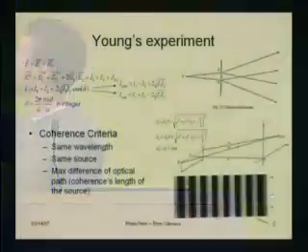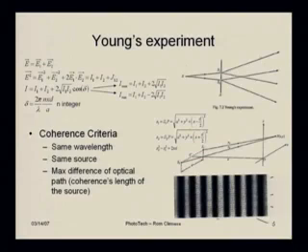I won't go into too many details, but in the case of the Young experiment, it is very important that in order to have interferences, we have the same wavelength and the same source, because the sources S1 and S2 seem to be different, let's say, on the right side of the drawing, but they're actually coming from the same source S. And it is related to the notion of coherence length of the source. But again, I won't talk in too many details about that.